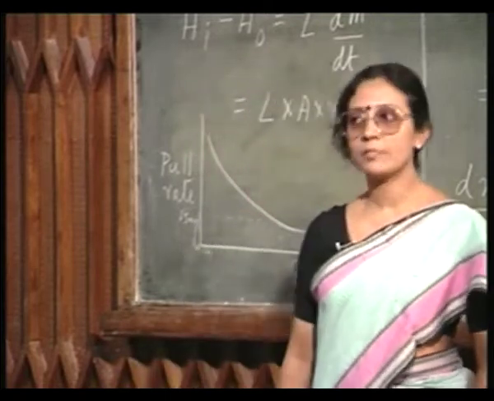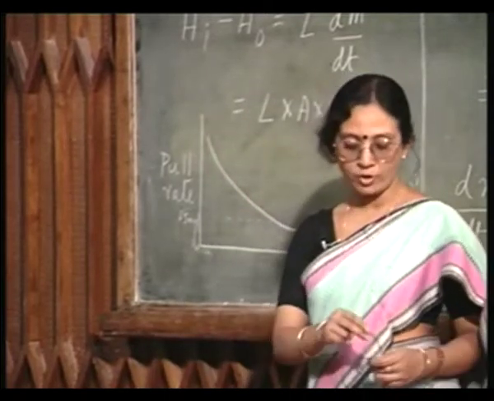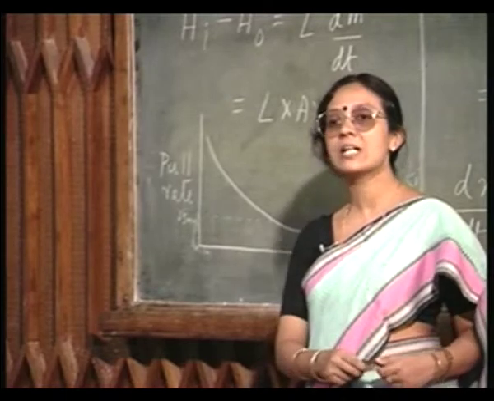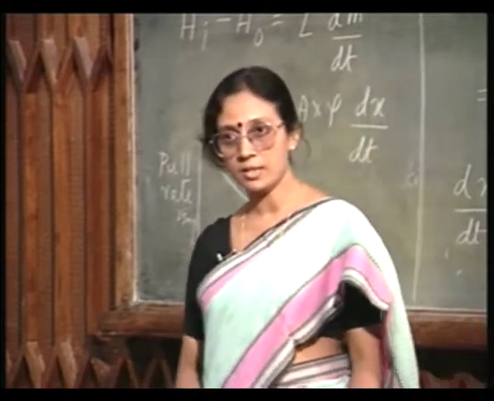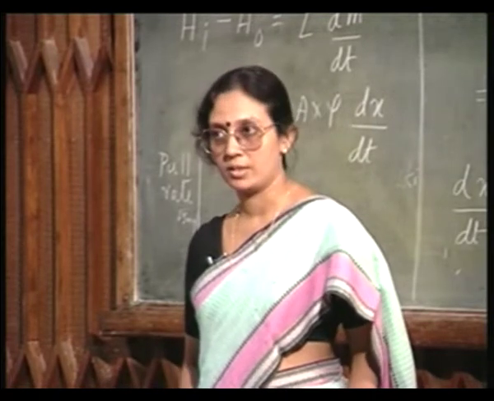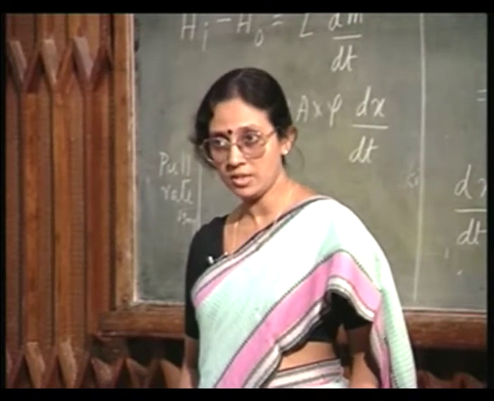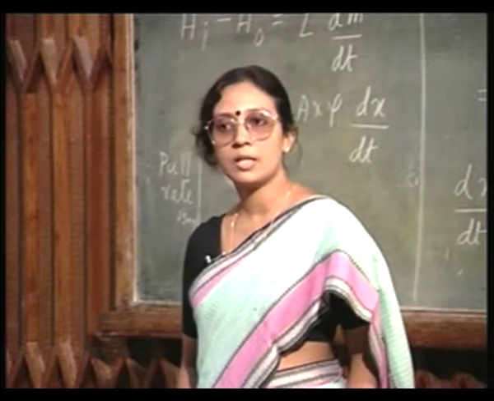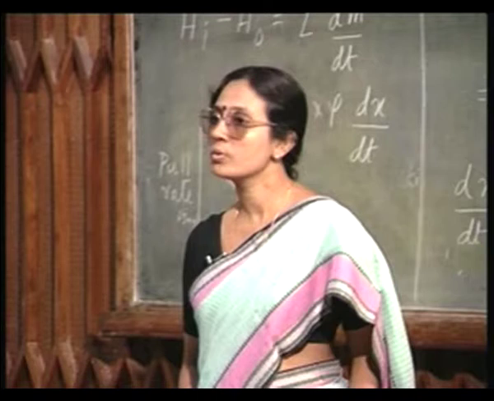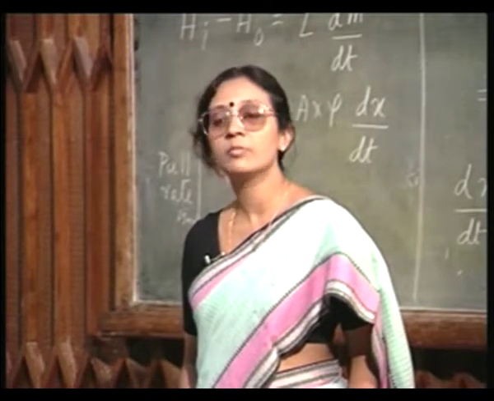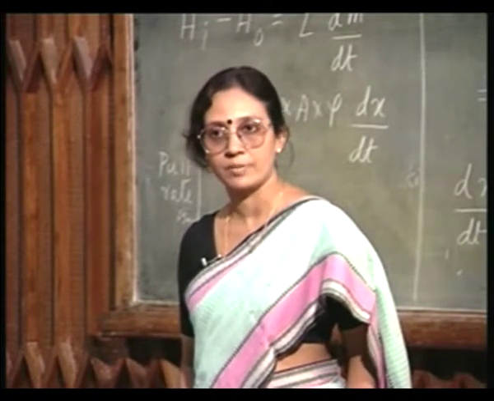Now the point I am trying to make is this: it is relatively easier to grow a smaller diameter single crystal with very low defect density, isn't it? Because for a smaller diameter crystal we can afford to use a large pull rate, and when you use a large pull rate, the problem of dislocation forming is less severe.